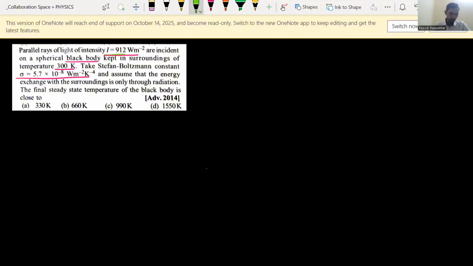So here we can write whatever data they mention. That data we had better write. Whatever equations we know, we just write the terms here. The I value is given as 912 watt per square meter, and the temperature of the surroundings, Ts, is given as 300 kelvin.